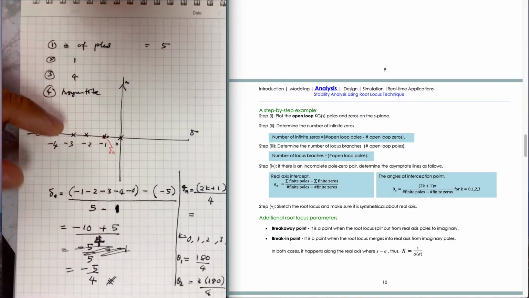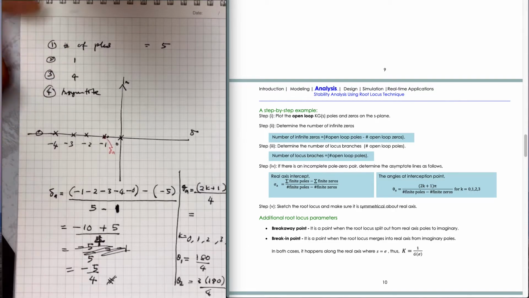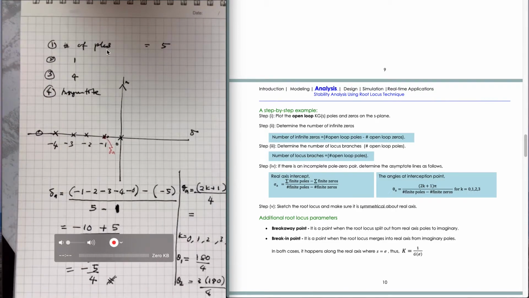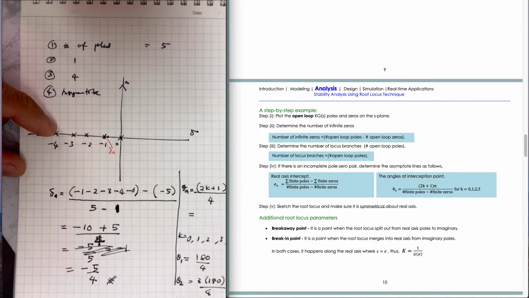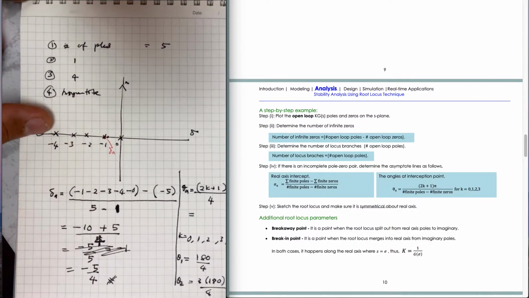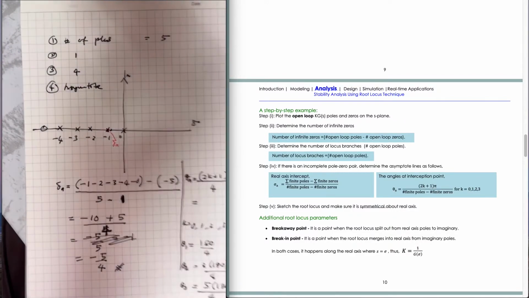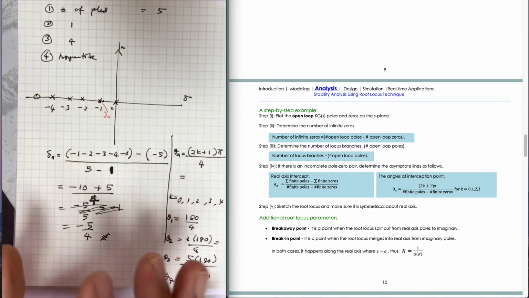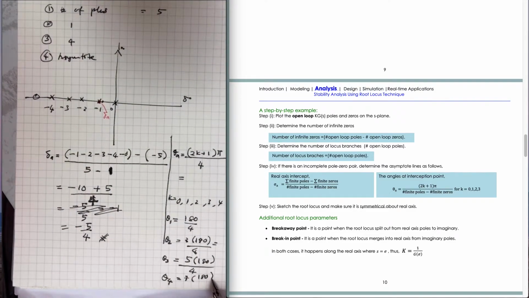Theta 4 is 7 times 180 divided by 4. Now we can stop at theta 4 because we need to find 4 angles, right? Only 4 angles, because of the number of poles, 5: one is going to the 0 here, and another 4 are going to infinity, so it's 4 angles.